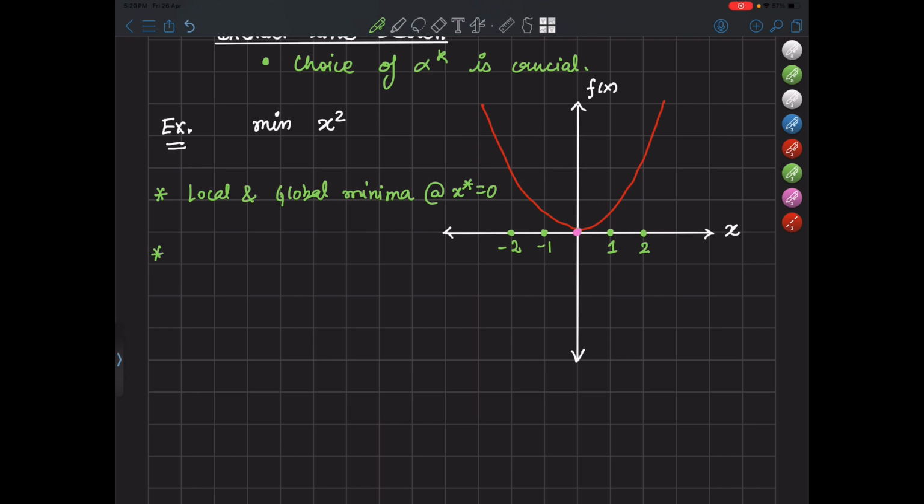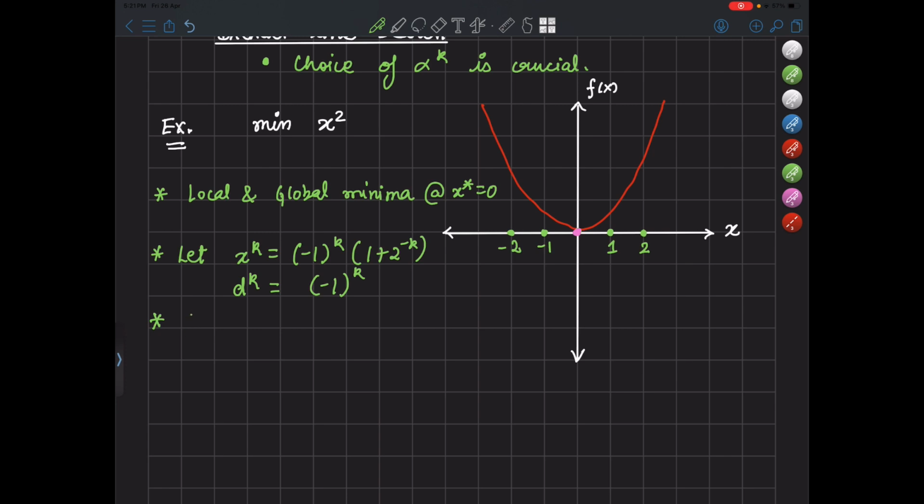Now let's assume that we take an algorithm that gives the sequence of iterates xk equal to 1 plus 2 to the power minus k, and dk, the descent direction at each iteration, is given by -1 to the power k. Let's look at how the iteration proceeds.